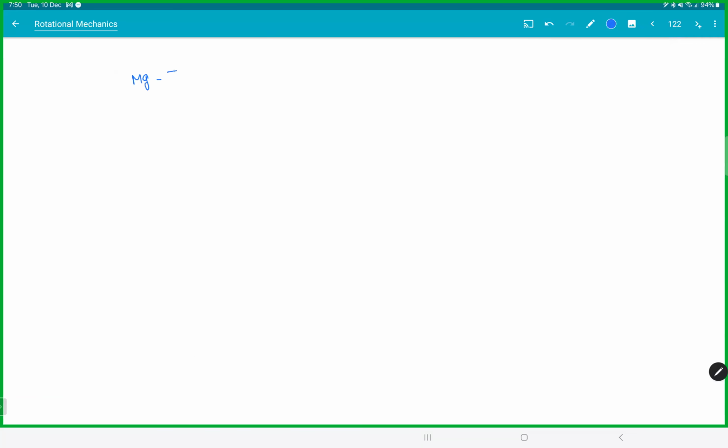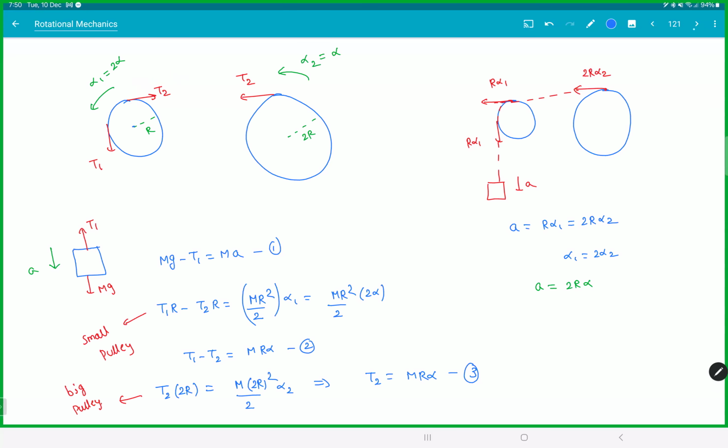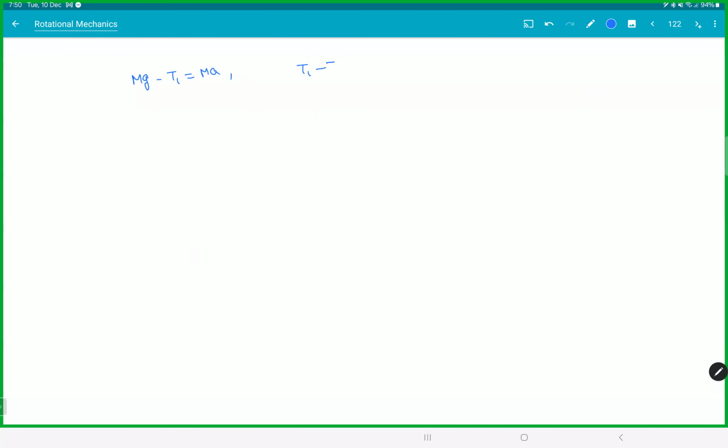I'll turn the page. mg minus T1 is ma. T1 minus T2 is mr alpha. T2 is mr alpha. A is equal to 2r alpha. There. These are all the equations that we have.